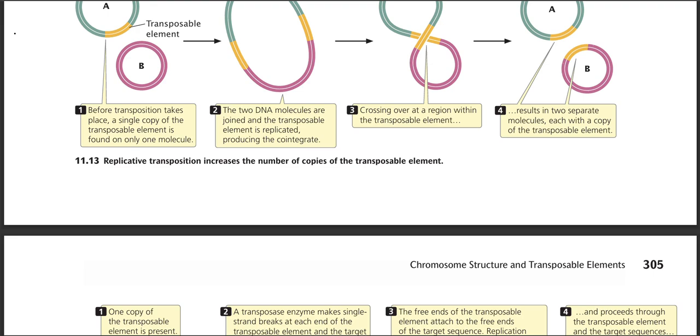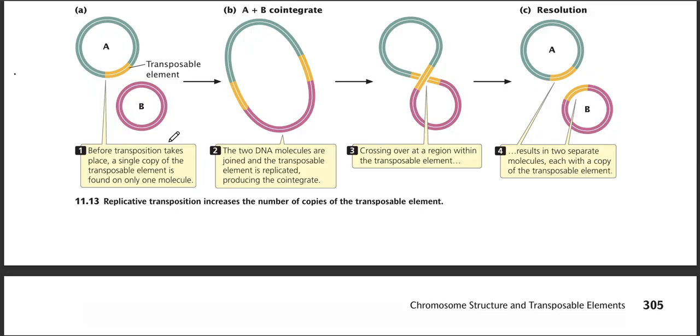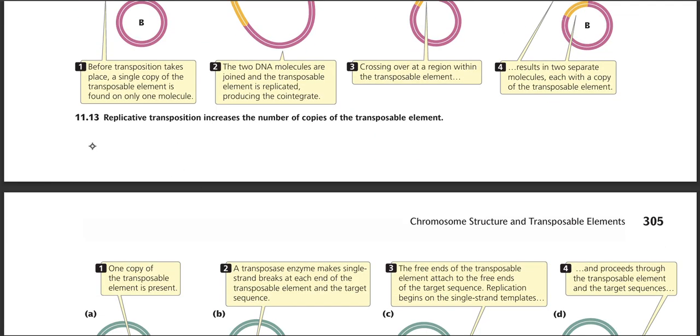So now in this video we should talk about the modes of transposing, or the transposition ways through which the transposable elements can move from one site to another. On the broader basis there are two major modes of moving of transposons.